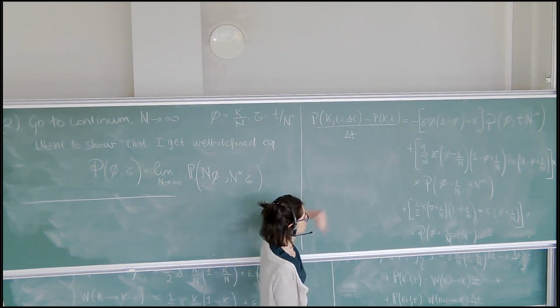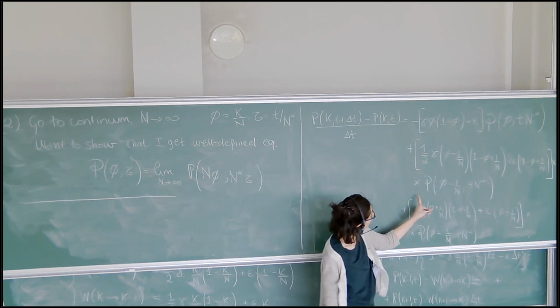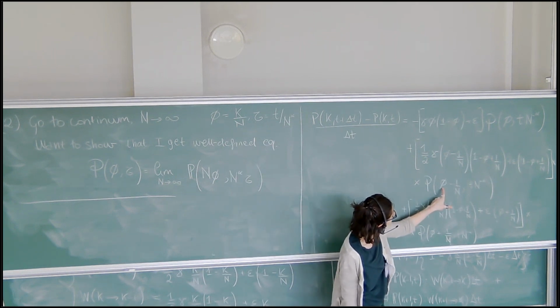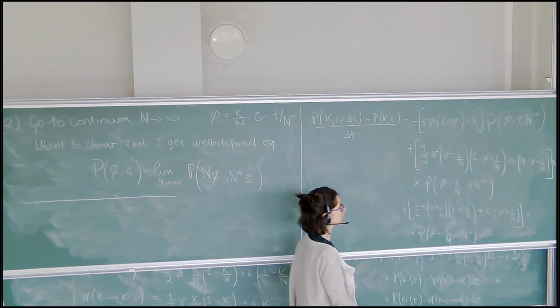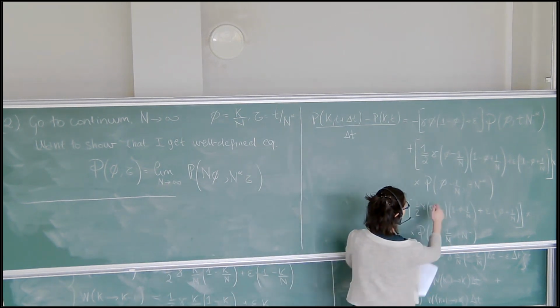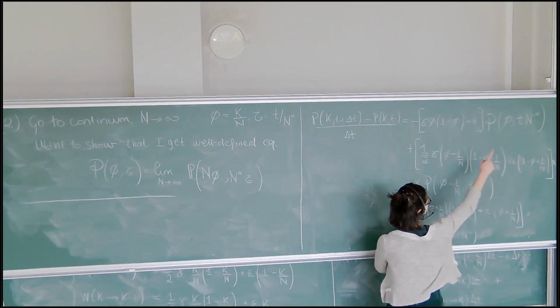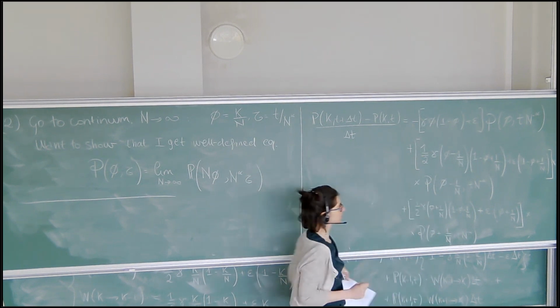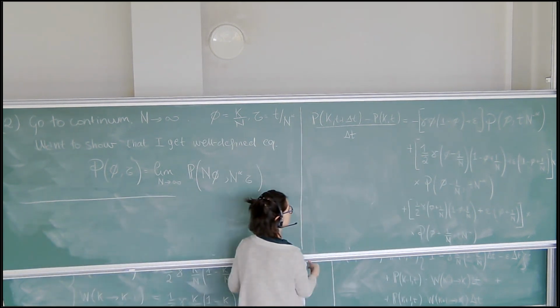The left-hand side we have to work on, but we will do it last. The point now is that this function is now computed at phi, which is good. But then you have this correction of 1 over n.